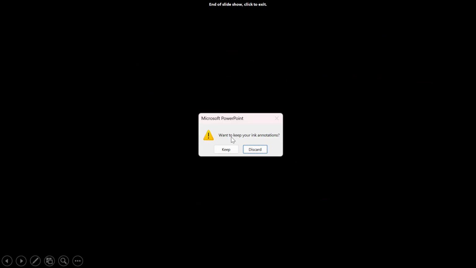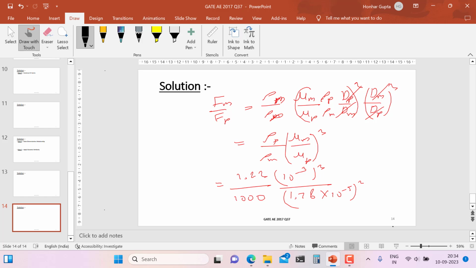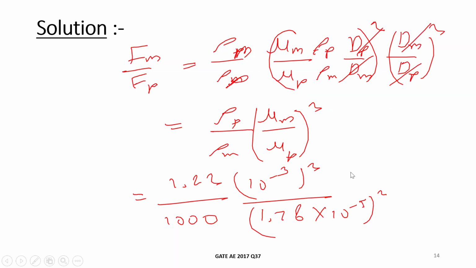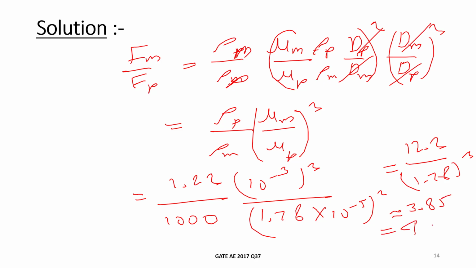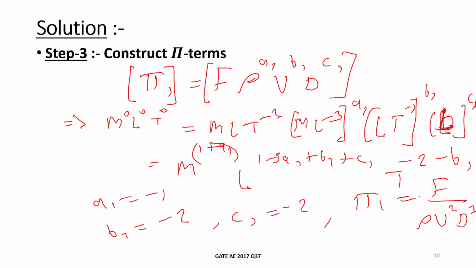If we solve it, then we will get 12.2 upon 1.78 square, which will be 3.85. So in integer it will be 4. This will be the answer.